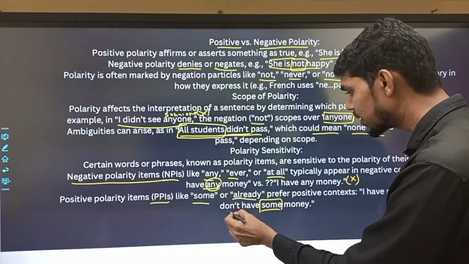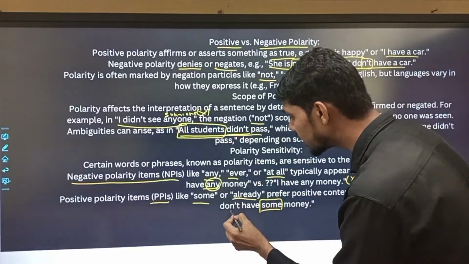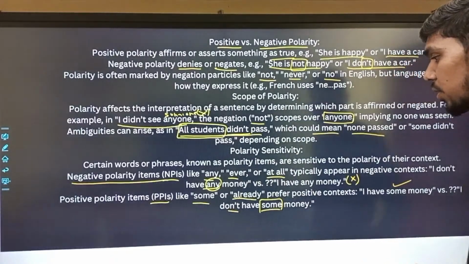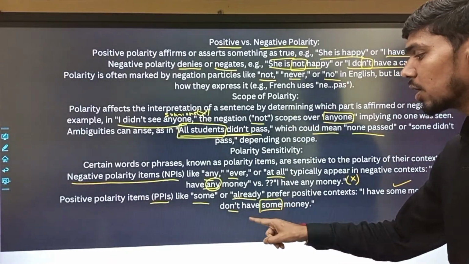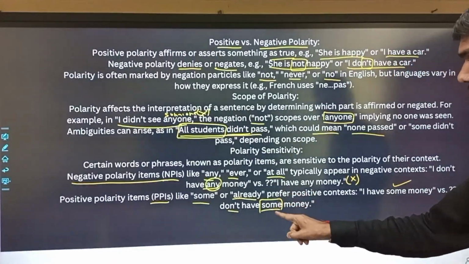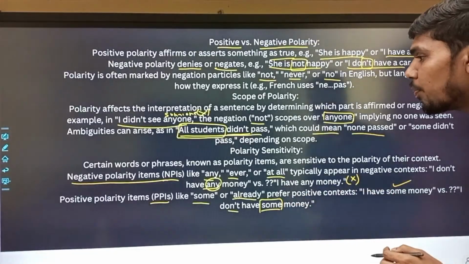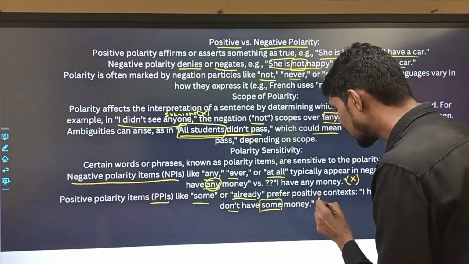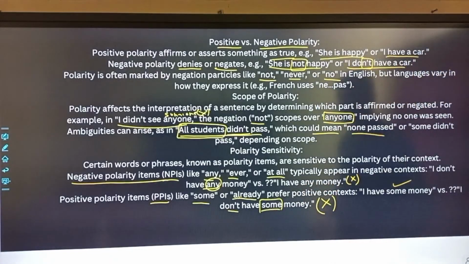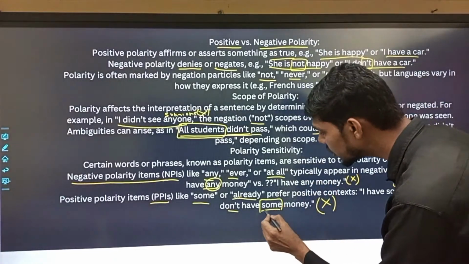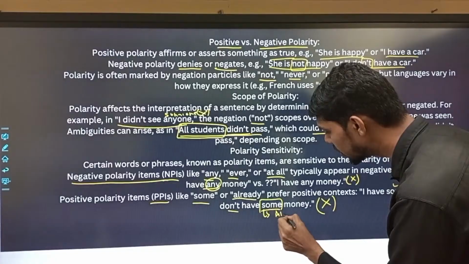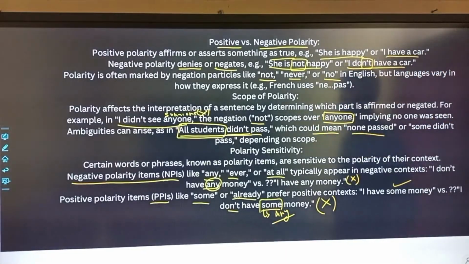Because this sentence is negative, because not is used here, that's why this sentence is a negative sentence. And here we are using a positive polarity item, so this sentence will be wrong. Rather we can use any, then this sentence becomes correct.